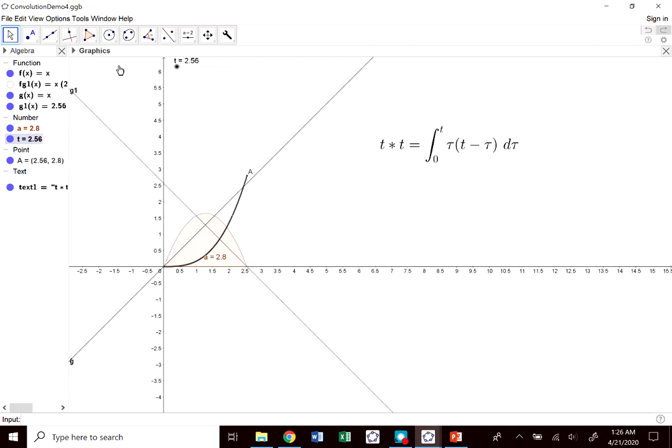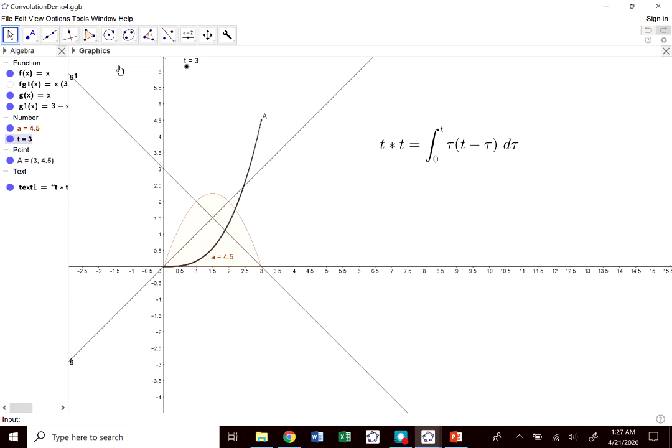Okay, let me pause there for a second and see what I mean by that. What is that upside down parabola?